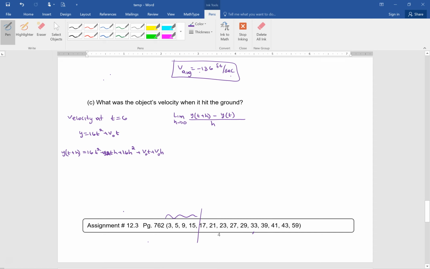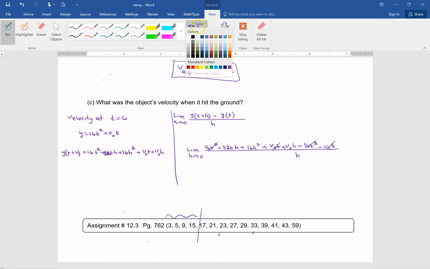So basically, this is the limit as h approaches 0 of 16t squared plus 32th plus 16h squared plus v naught t plus v naught h minus 16t squared minus v naught t, all over h. And now the 16t squareds will go away, and so will the v naught t's.